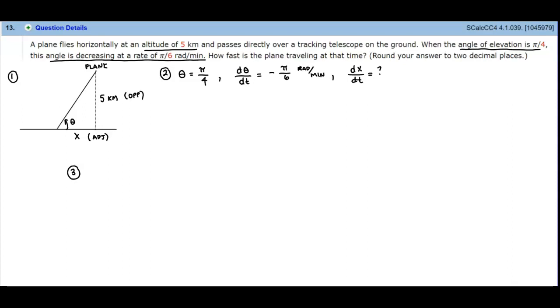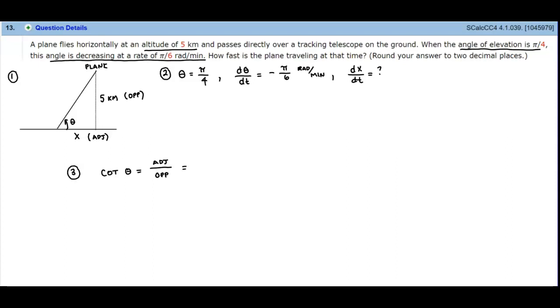The cotangent of theta is equal to the adjacent side over the opposite.